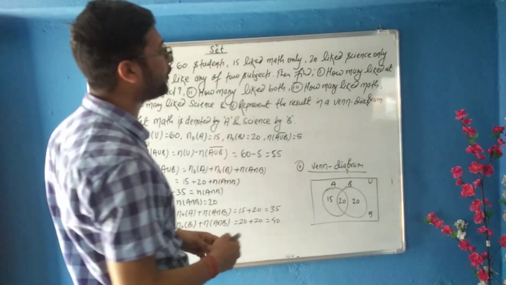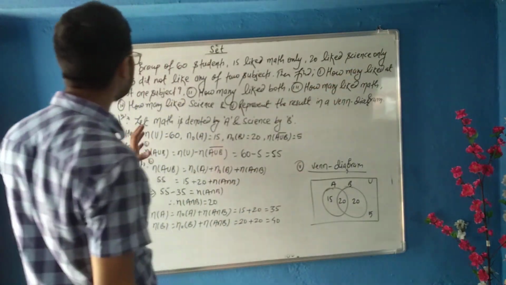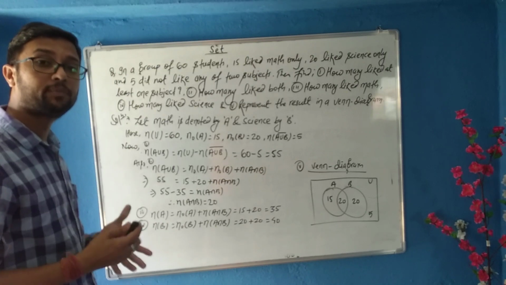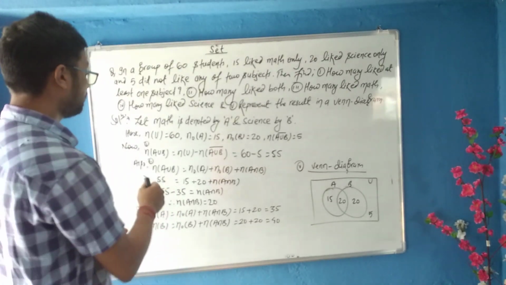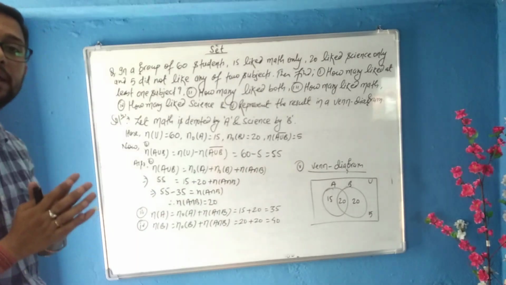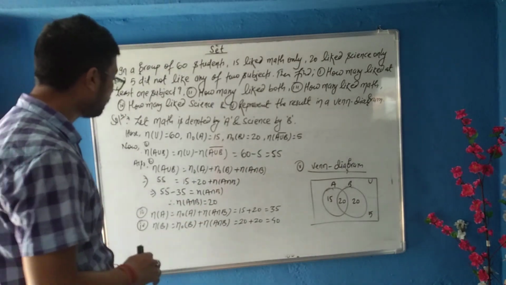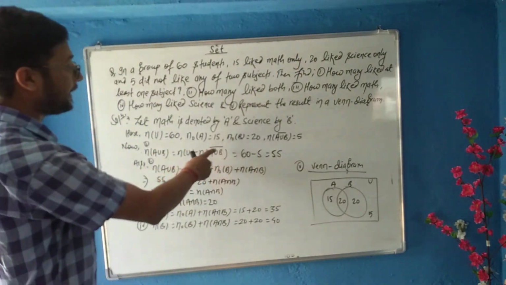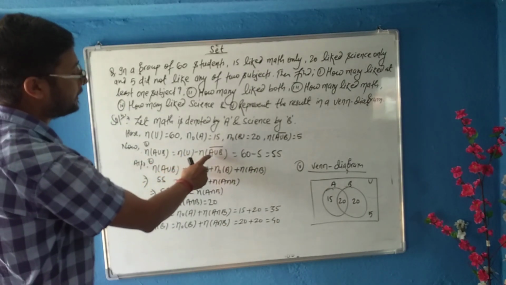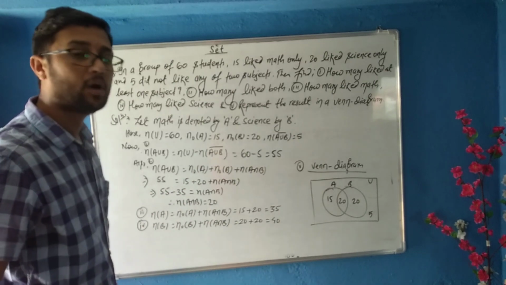Now what are we going to find out? How many like at least one subject? All of you know at least means this is called union. Both means intersection. So at least means n(A union B). Now we are going to find n(A union B). And all of you know when the universal set and complement are given, the formula is n(U) minus n(A union B) complement.